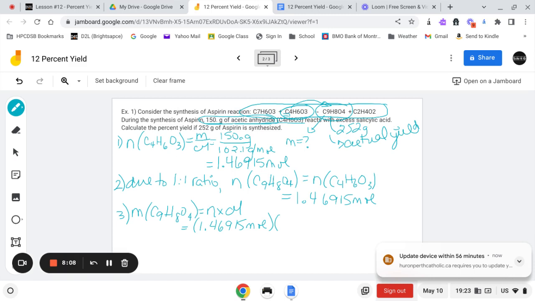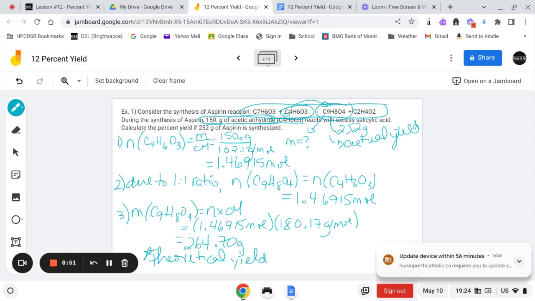So an oxygen is 16 times 4 is 64. I get a total of 180.17 grams per mole. And when I calculate the mass of that, I'm going to get a mass of 264.70 grams. So this right here is the theoretical yield.